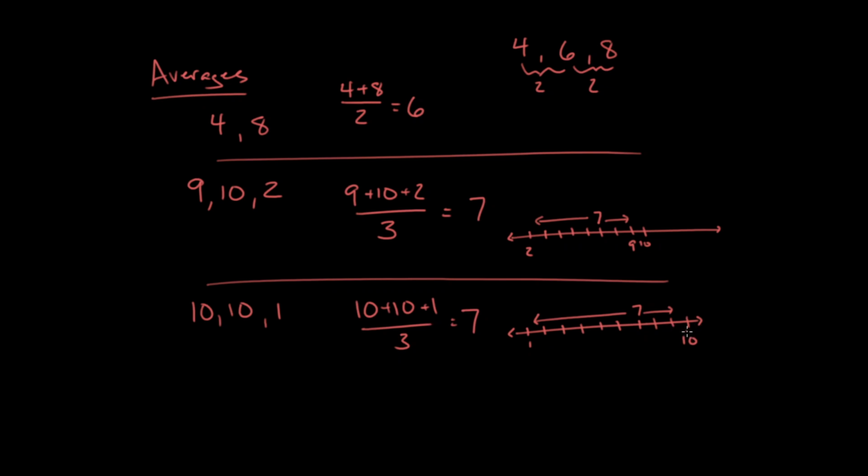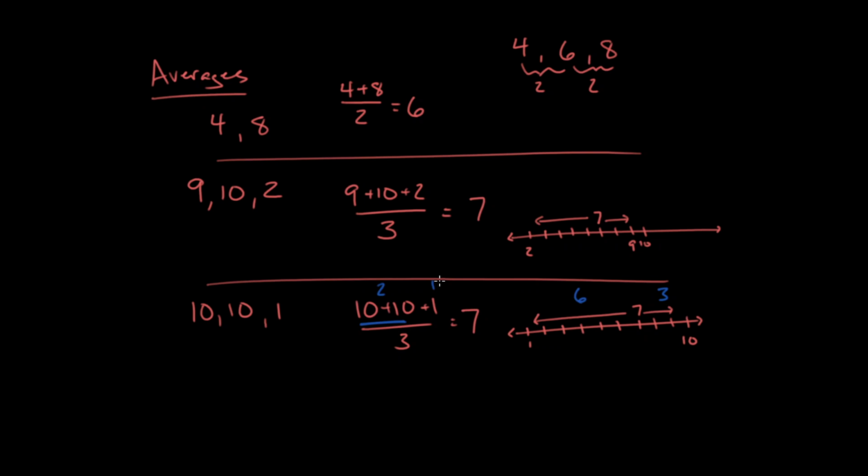So when I average them, it makes sense that my distance, 7 to 10 we said is 3, and 7 to 1 is 6, is twice as close to 10 as it is to 1. Whenever I double the numbers I have here, it makes that average twice as close, because there are 2 of them and only 1 of this one.